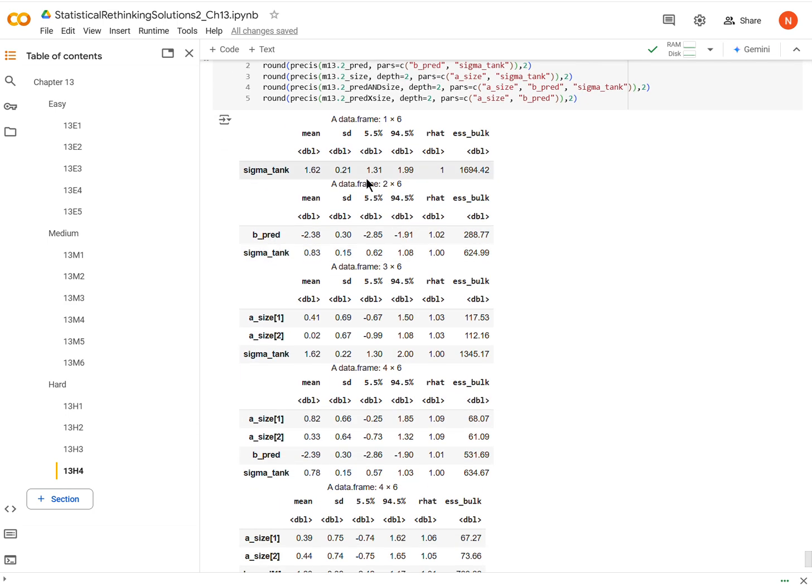Let's start with the first beta predation model, where we just have beta predation as the explanatory variable, and we see that it is reliably negative. The entire 89% credibility interval is negative.